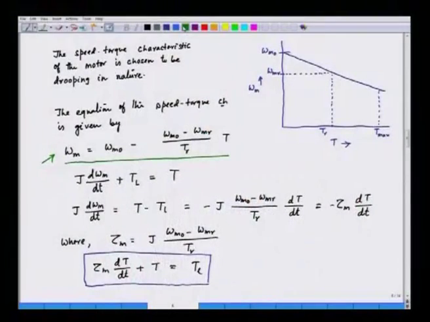One variable is the load torque and the other variable is the machine torque T. The load torque is changing and the motor torque has to follow the load torque, and this variation is exponential, because the solution of this differential equation will give us an exponential solution.